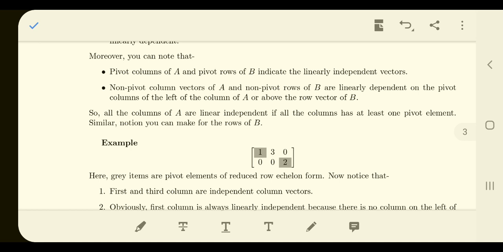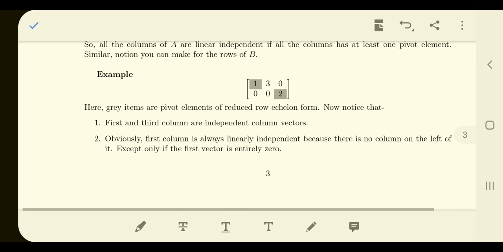So what we can say is that the columns that have a pivot element are the ones which are linearly independent, and those columns which do not have a pivot element, those columns can be generated from the previous columns.